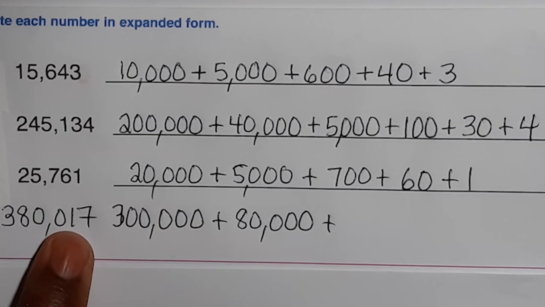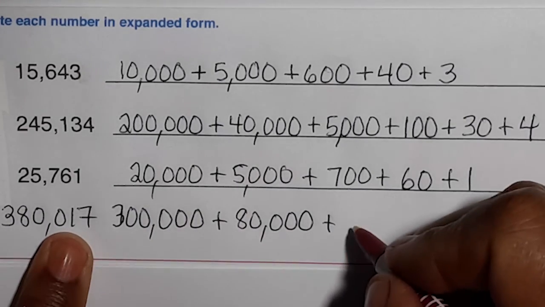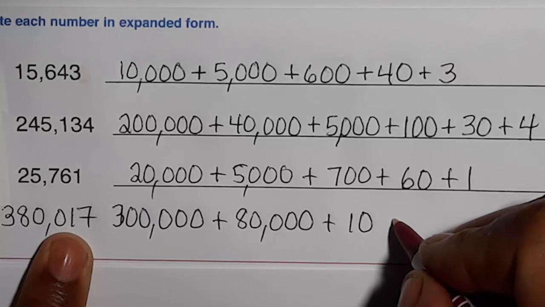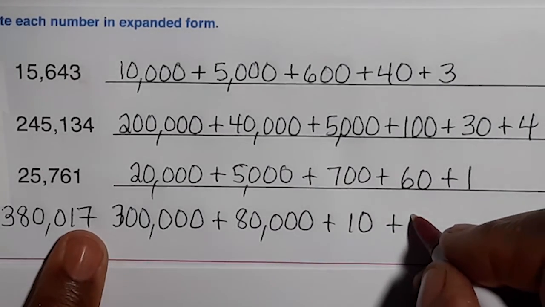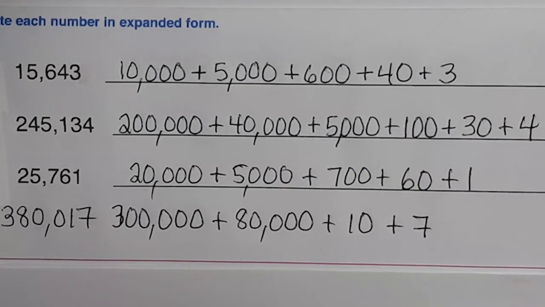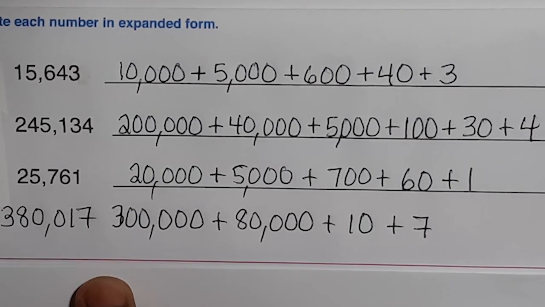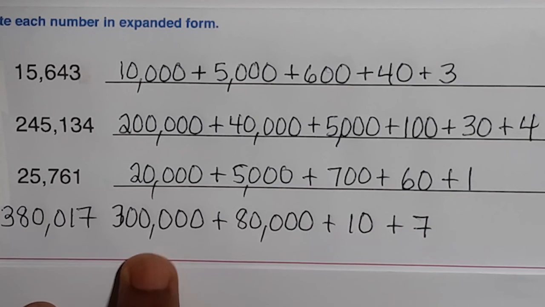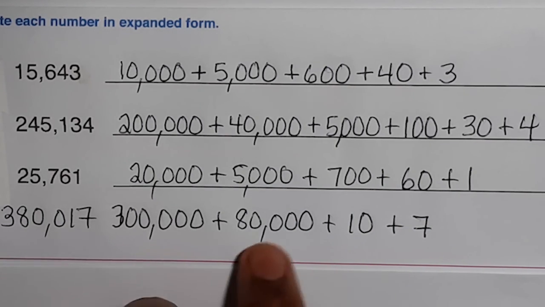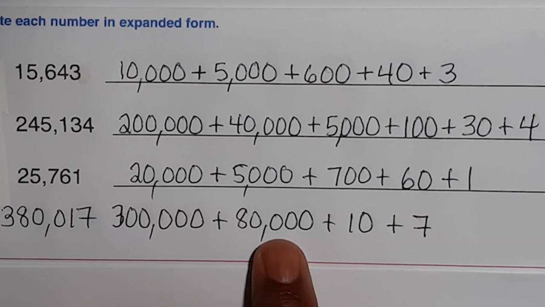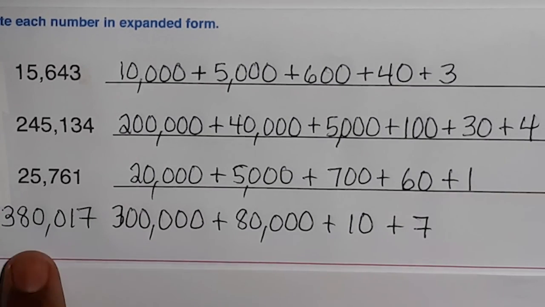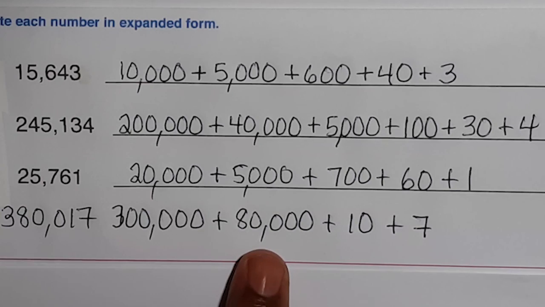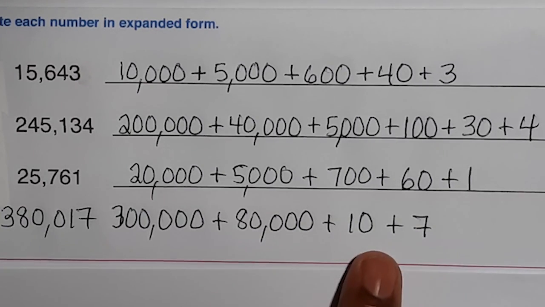Then we have the 1 in the tens place, so we would write 10. And the 7 is in the ones position, so we write 7. So that would be our answer in expanded form. 300,000 plus 80,000 plus 10 plus 7. And that would give us a total of 380,017.